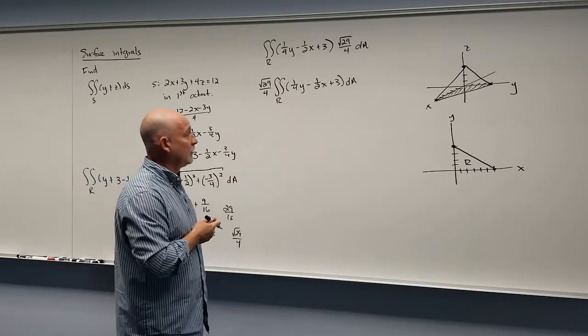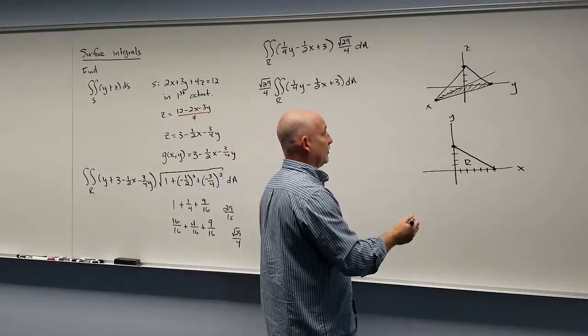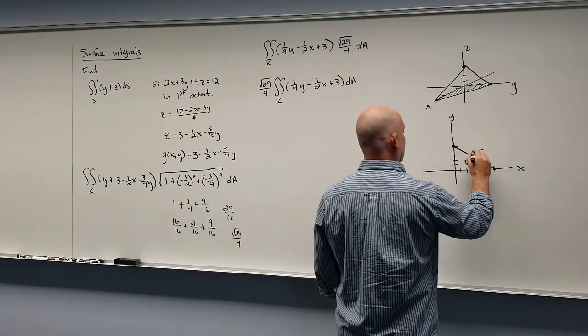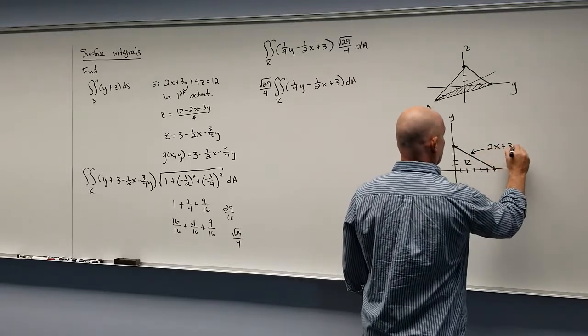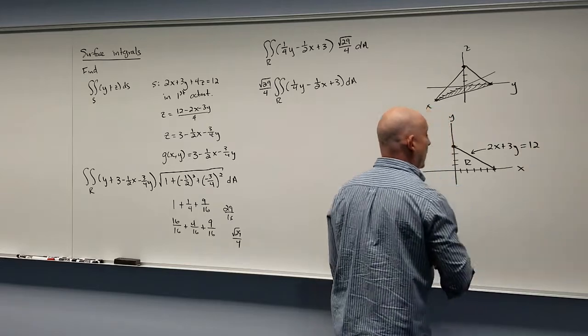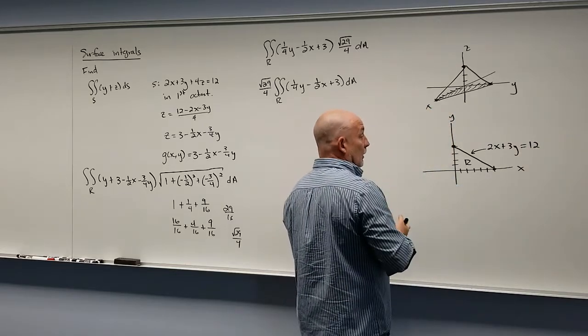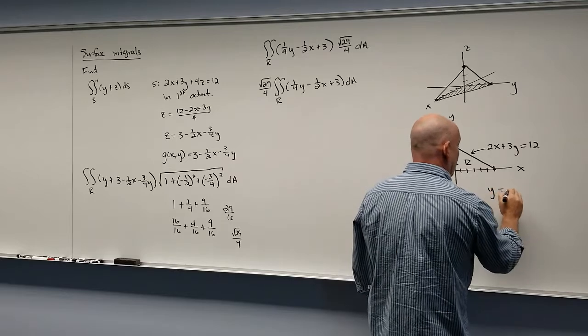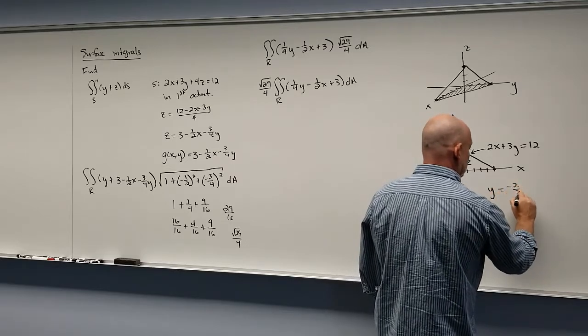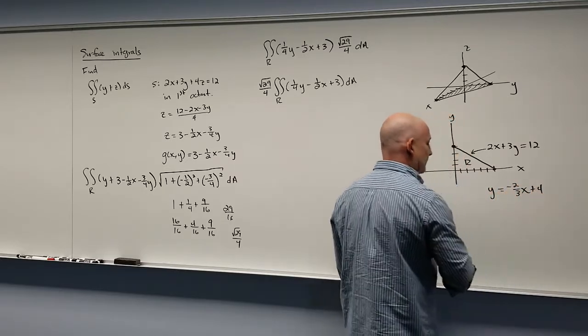Okay, so how are we going to integrate across that? Doesn't matter which way we go. Remember, this is the equation if we let z be equal to 0, so this is 2x plus 3y is equal to 12. It doesn't matter if we do y or x first. So let's say we solve for y. So y is equal to negative 2/3 x plus 4.